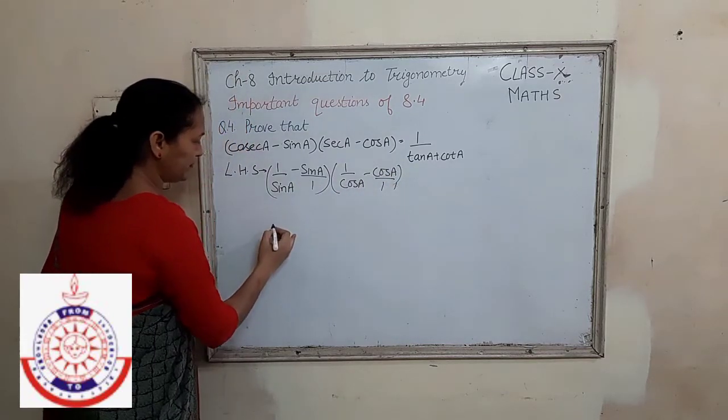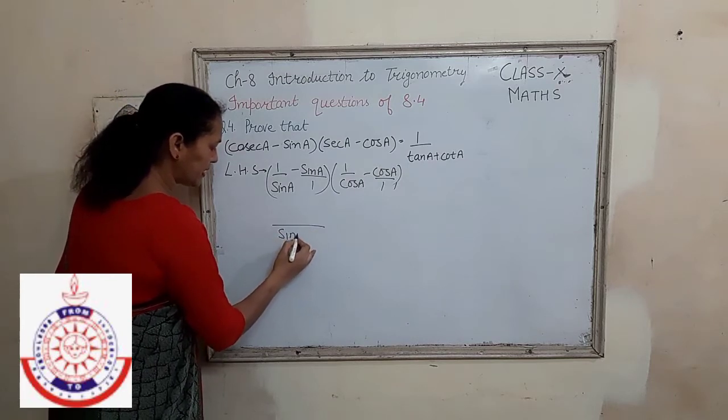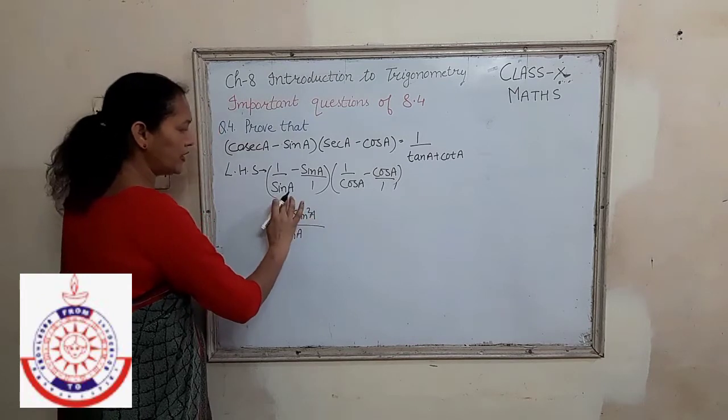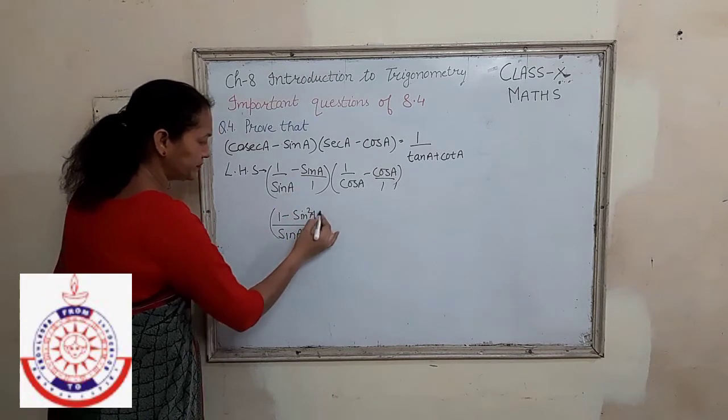Now if we take LCM, sin A, this will be 1 minus sin square A. Due to LCM, this will come here.